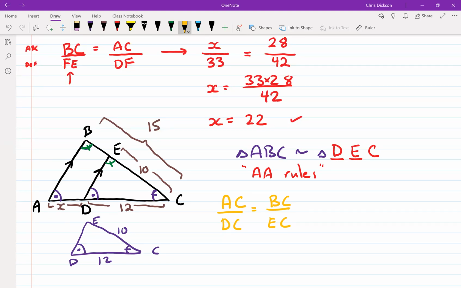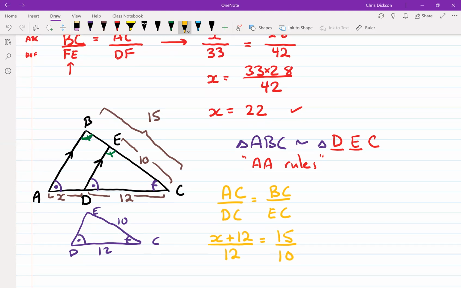AC, A to C, is x and 12, so add those. That's x plus 12 all over DC, which is 12. Now BC is 15, and EC is 10.